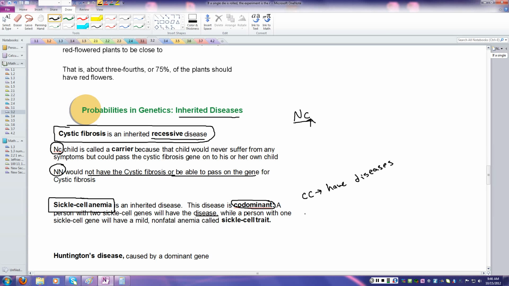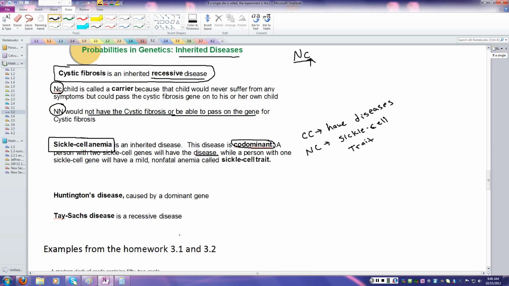If you're NC, you have sickle cell trait, which is a milder, non-fatal type of the disease.